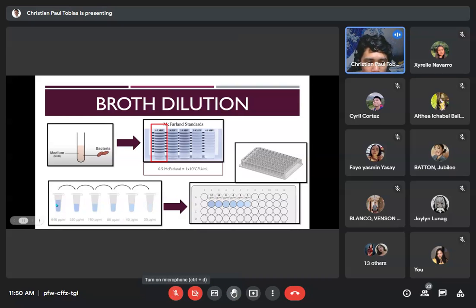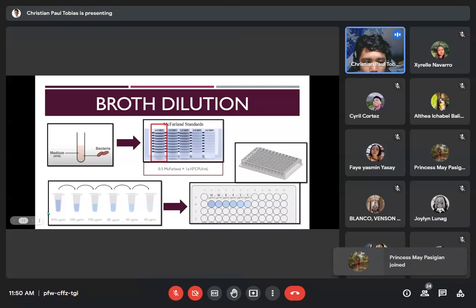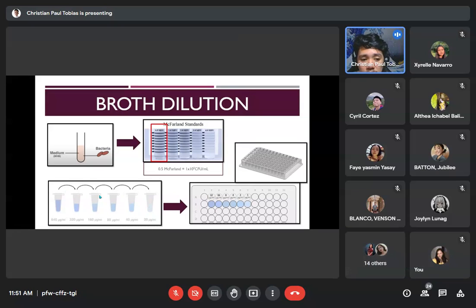So you serially dilute from 64 to 32 to 16 to 8 to 4 to 2, with decreasing concentration of the antibiotic, so the lowest is here. Dilutions of drugs are made by preparing the serial dilution, then you transfer that to the 96 well plate.